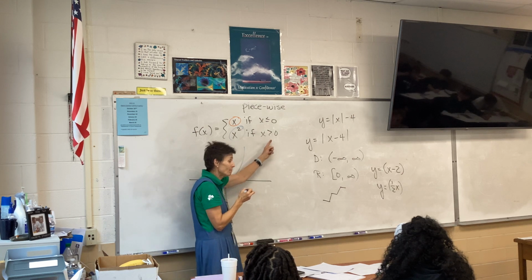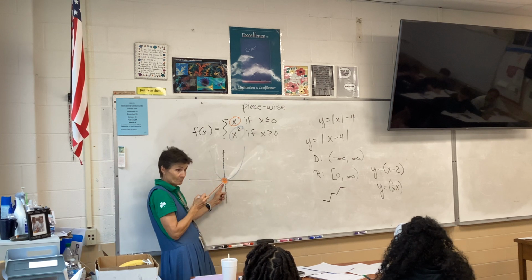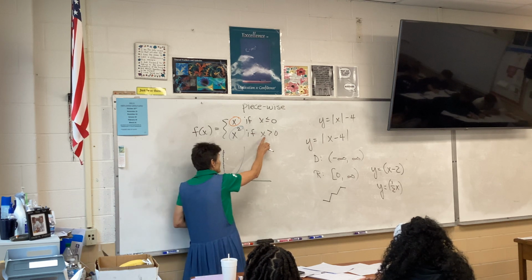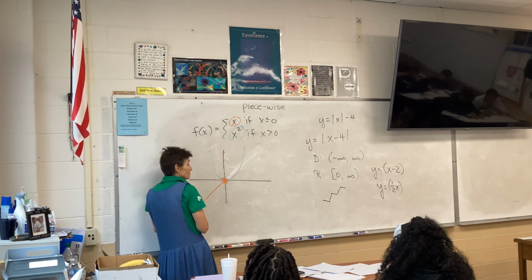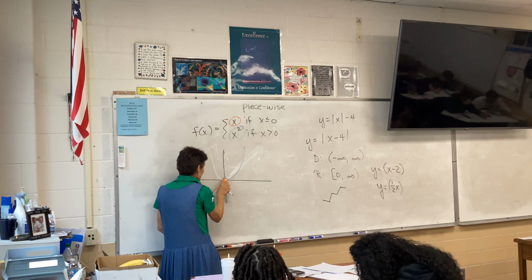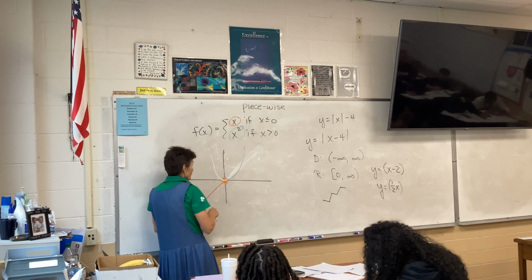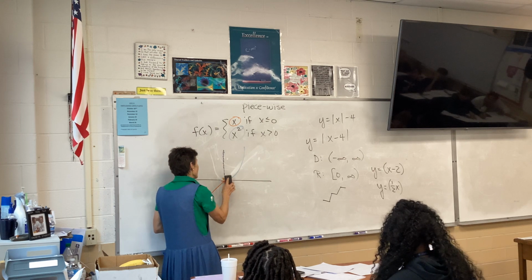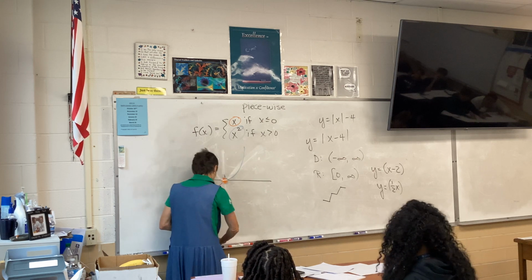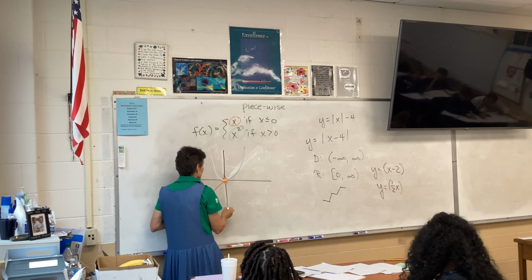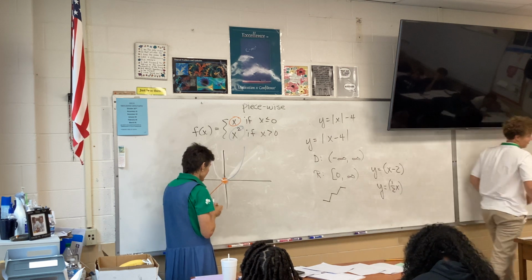Technically it's open, but guess what? I already colored it in, right? Which piece of my parabola do I want? The right, so I'll erase the left, and there is my piecewise function. This squiggly line is really not part of the picture. I don't care if you leave it in, you can absolutely leave it in if you want, but it isn't really part of the picture.